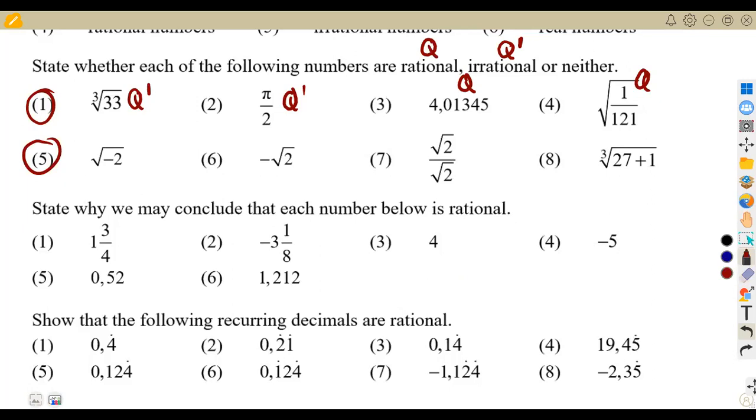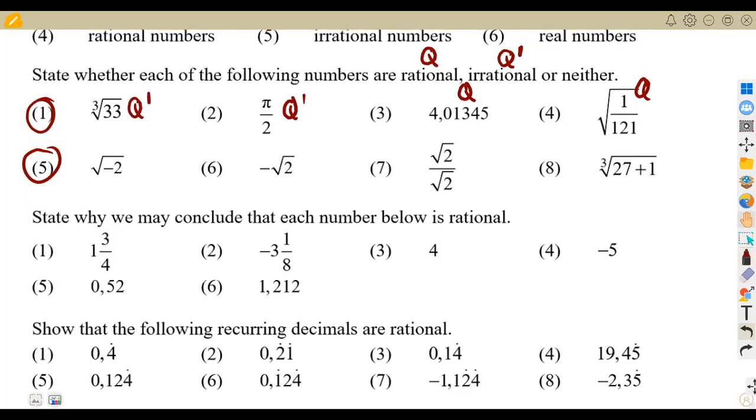Then we move on to 5, the square root of -2. The square root of -2 cannot be simplified. Remember, the square root of a negative, guys, we said it cannot be simplified. So it's not a rational, it's not an irrational number. This one, it's neither of these two. That means we are talking about a non-real number.